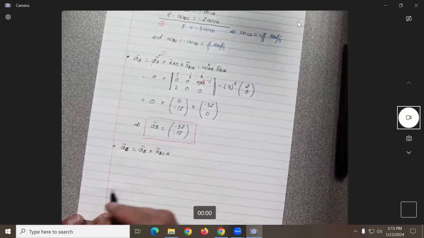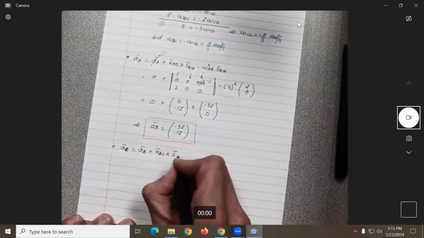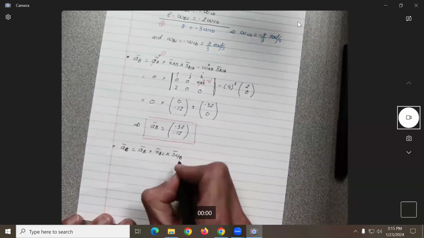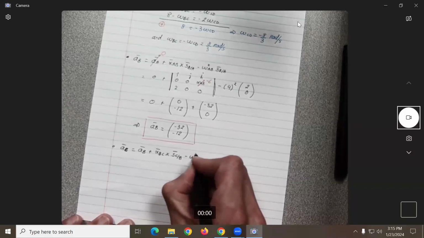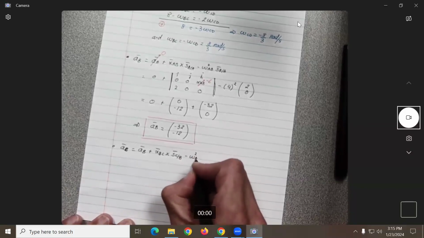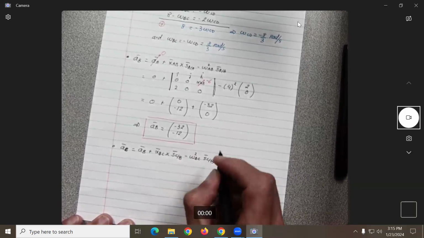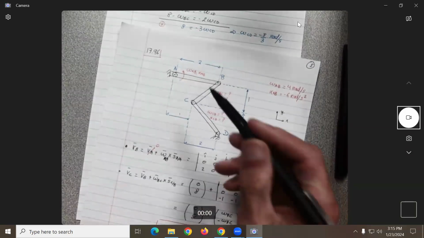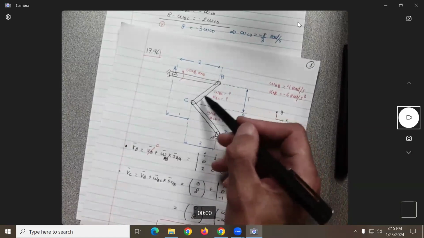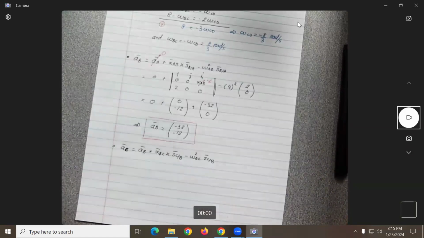Of the bar BC, r of CB minus omega of which bar? BC, perfect. r of C with respect to B. You see that you are dealing with this bar, no? Okay. All right, so here we go.